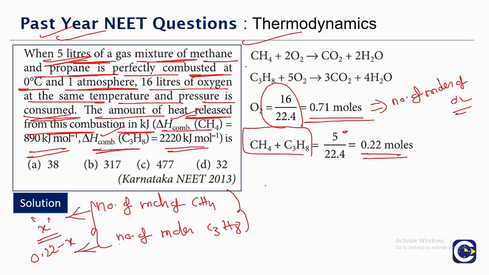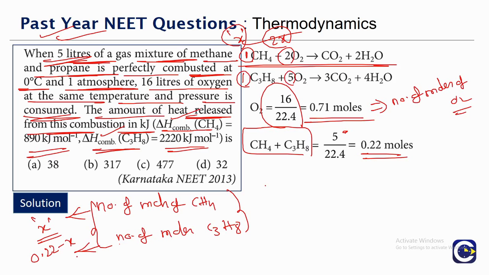Using the balanced equation, for every 1 mole of methane we will be requiring 2 times oxygen. So if we have x moles of methane, how much do we require? 2x. Similarly, if you have 1 mole of propane, the amount of oxygen required is 5 moles, which means 5 times.